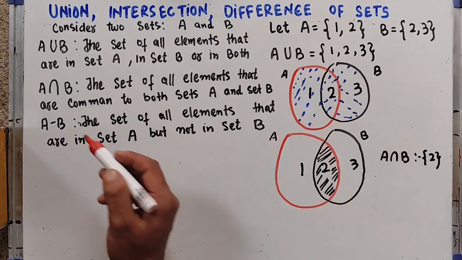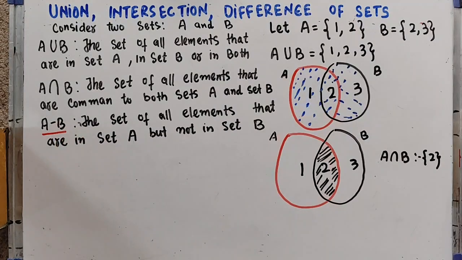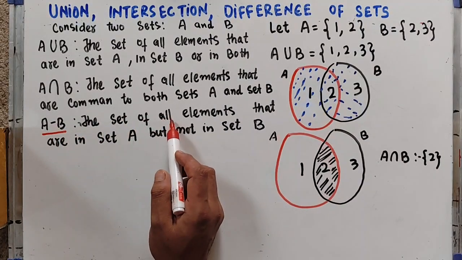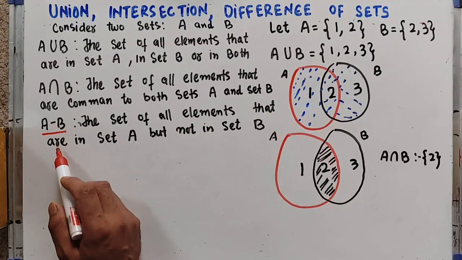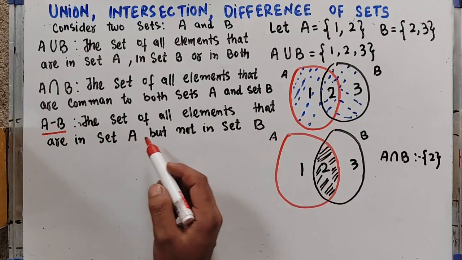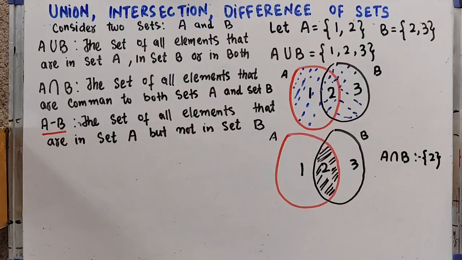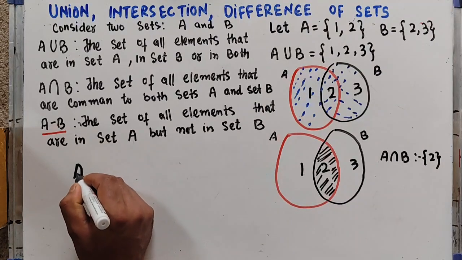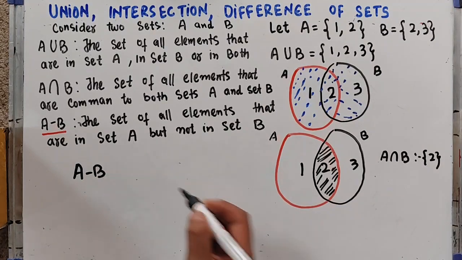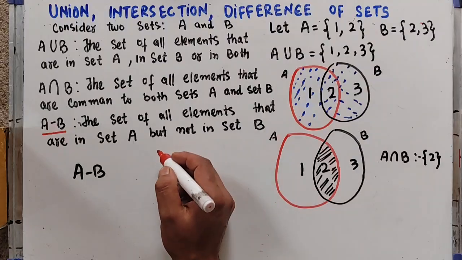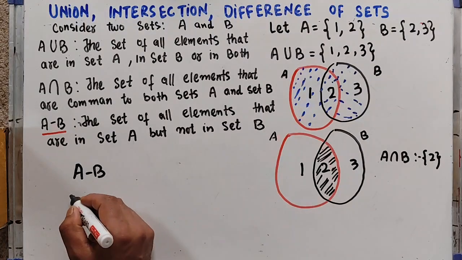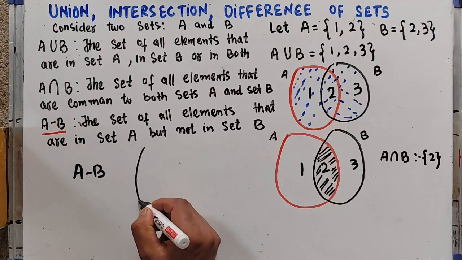Now we have another one, A minus B, that is the difference of sets, the set of all elements that are in set A but not in set B. Now again taking this example, that means A minus B. So let us draw the two sets again this time.